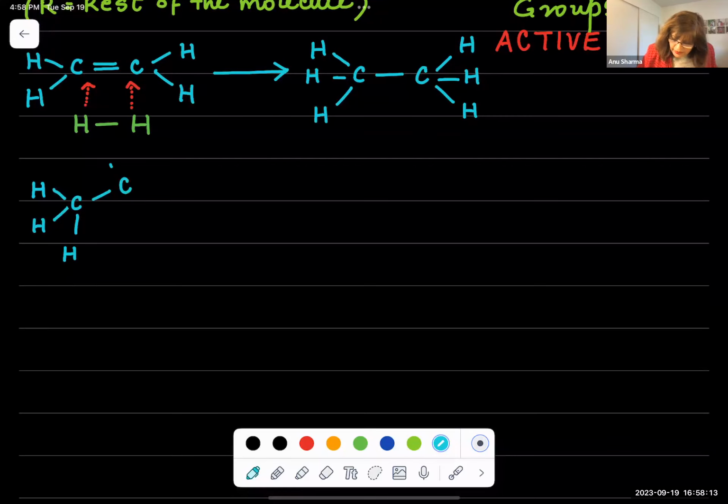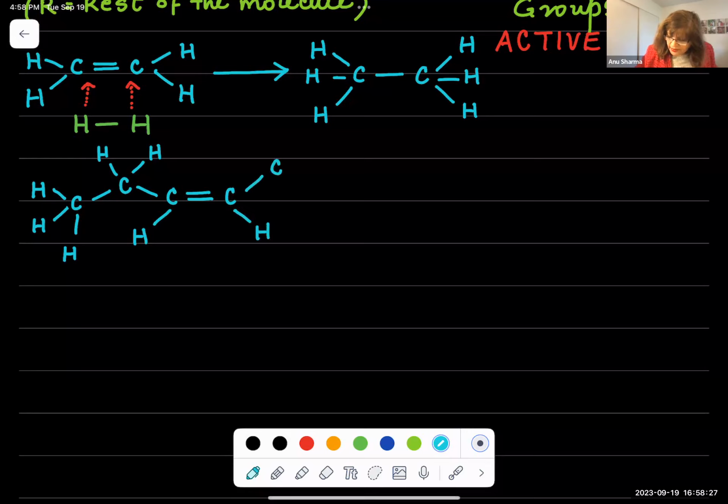You have carbon, hydrogen, carbon, and let's say put a double bond, hydrogen, and this is another hydrogen and carbon, and you have, let's say, here C, H, C, H, and H. So you see this, and it doesn't matter what else is there. But the main thing here is that 4, 1, 2, 3, 4.